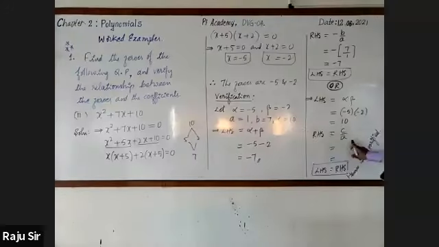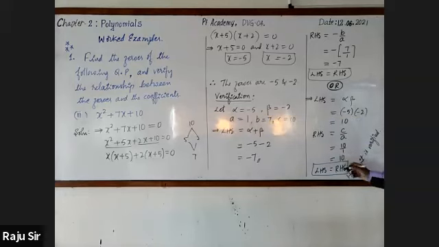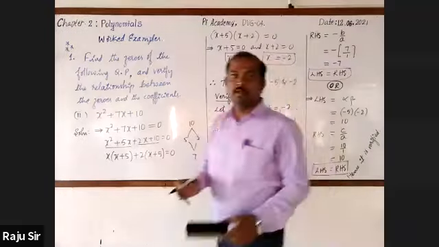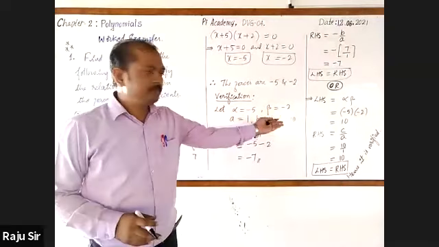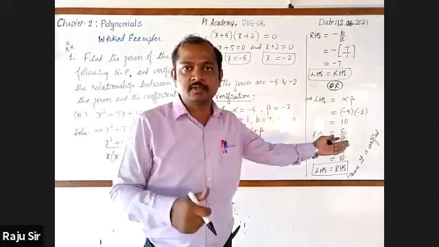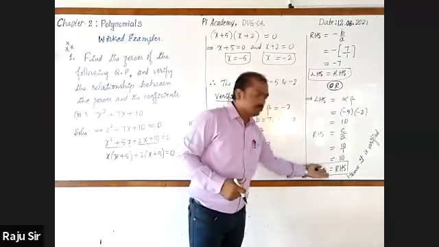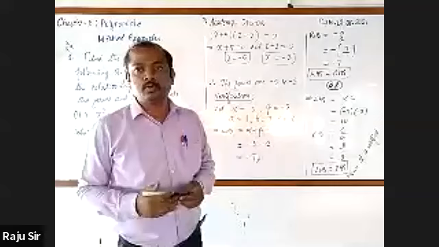RHS is c by a, where c is 10, a is 1. 10 by 1 is 10. LHS is 10, RHS also 10. Vijay Lakshmi, have you finished? Okay. Both LHS and RHS are equal. Hence, it is proved.